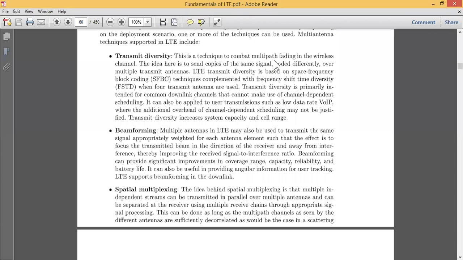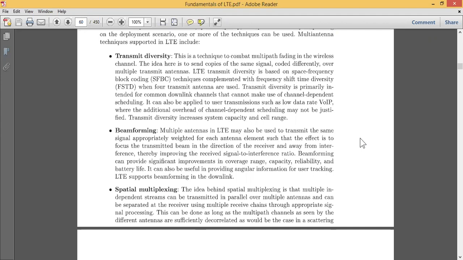So instead of sending one copy, you send multiple copies of the same signal, but all the copies should be coded differently. For example, if I'm sending signal 1, I will give it code A. If I send signal 2, the same signal, I will give it B. Third copy of the same signal, C. Same signal, D. The codes are different, but the signals are the same. That is the difference.